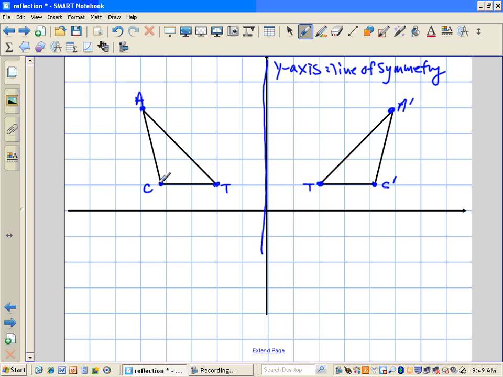If you look carefully again, we're reflecting over the y-axis. The y value for A is still 1, 2, 3, 4. So A and A prime are still at 4 for the y value, okay?